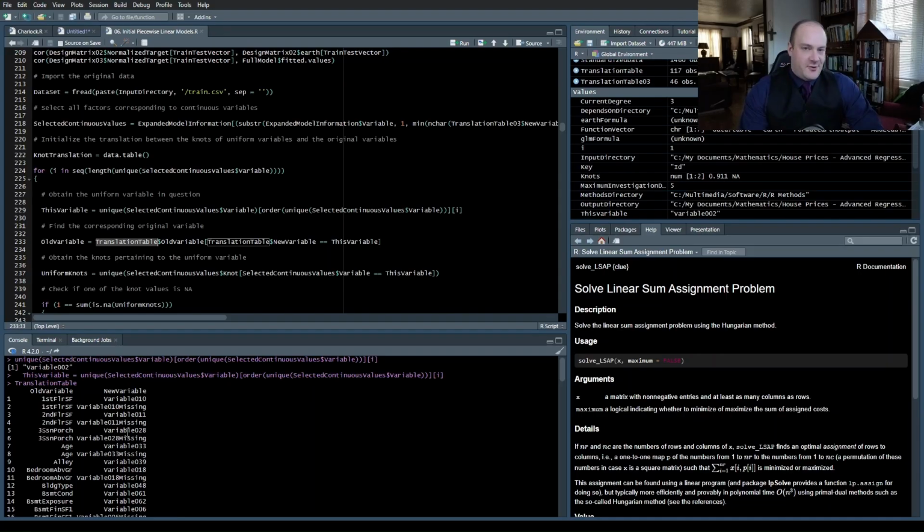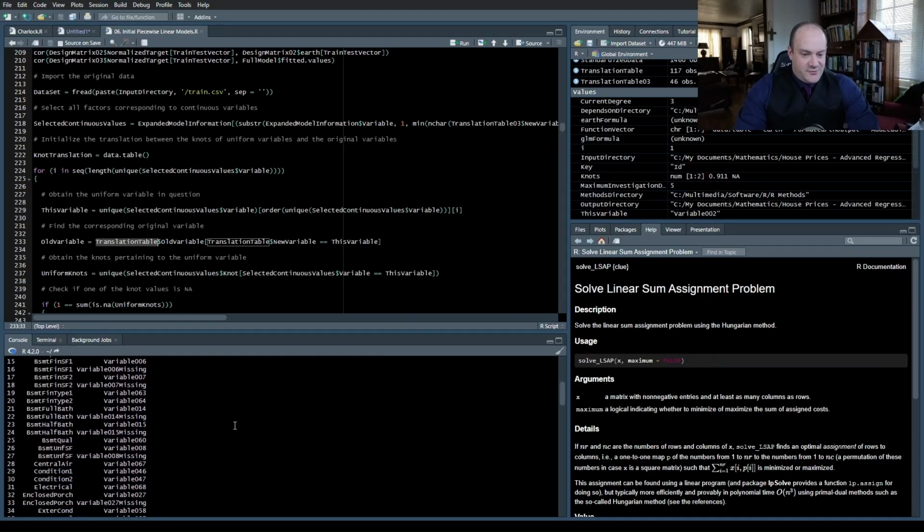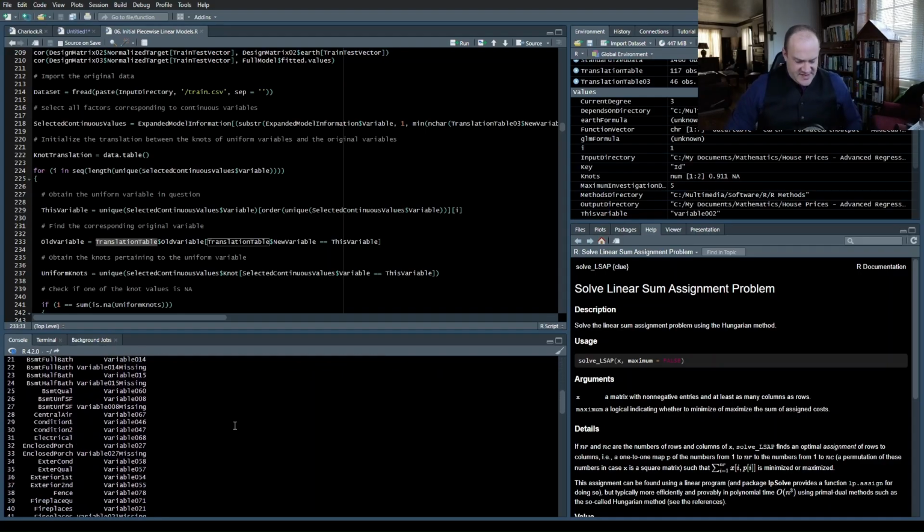So this is what allows us to connect the original data with the transformed data, which gives rise to the comment that I make so often, which is that the hardest part of data science is the bookkeeping. But if you do your bookkeeping in a rigorous and algorithmic fashion, it's not terrible, but you have to do it. So anyway, we're going to go into this translation table. We're going to find variable O2, and we're going to see to what it corresponds.